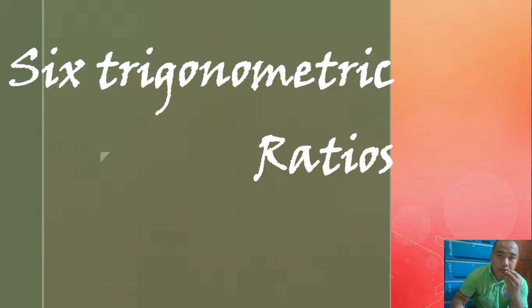Hello grade 9 students, we are now in quarter 4 of our subject Mathematics 9, and quarter 4 is all about the study of basic trigonometry. So the first topic to be discussed in quarter 4 week 1 is all about the 6 trigonometric ratios.